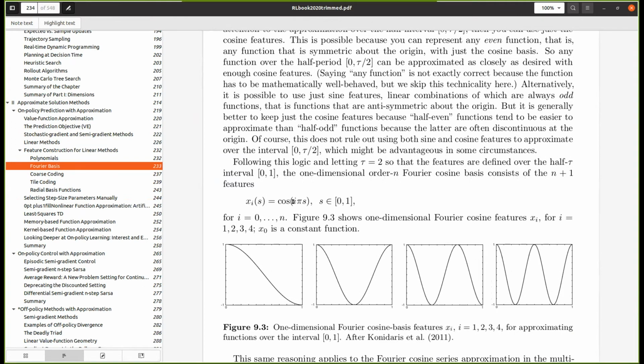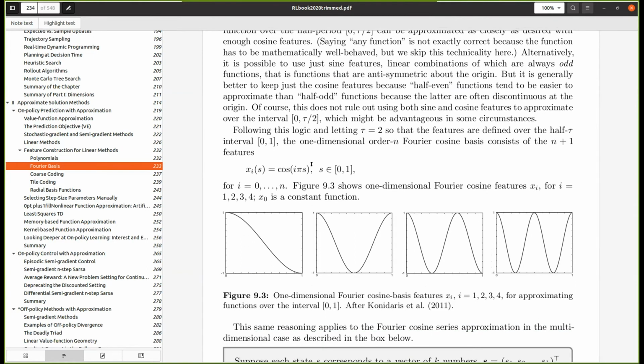And here i denotes the number of frequencies we take, right? So here you can see frequencies from 1 to 4, and in this case our state is in the interval between 0 and 1, and the features would be values of the cosine evaluated at s.